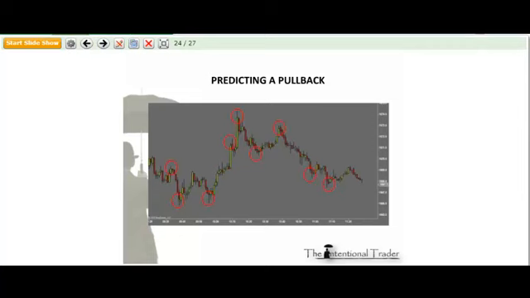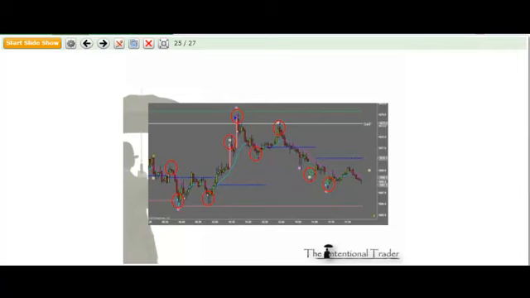Now let's start adding in some indicators that suggest where those pullbacks might happen. You'll notice it doesn't pick up all of them, but we have confluences of indicators suggesting these pullbacks that will happen. This is how we use confluence.